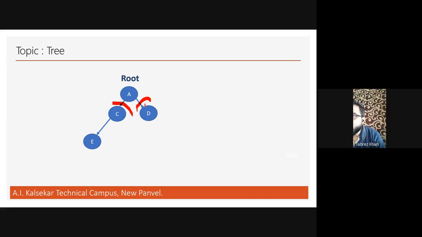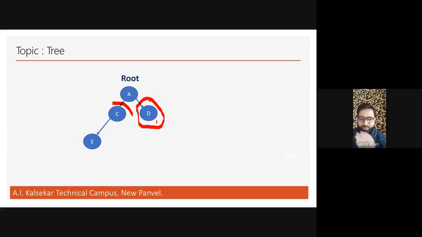For example, this set T2 has only one node, and that node D becomes the root of that set. So that is a tree.